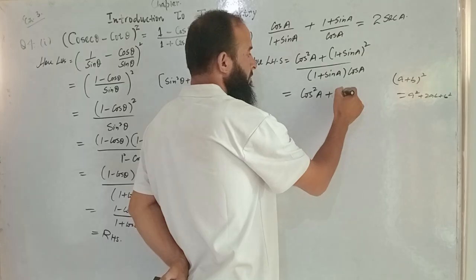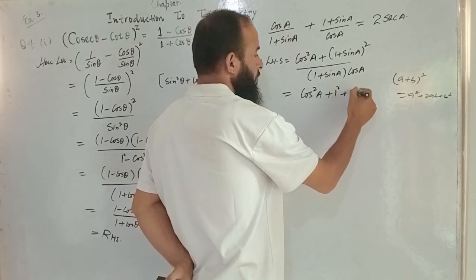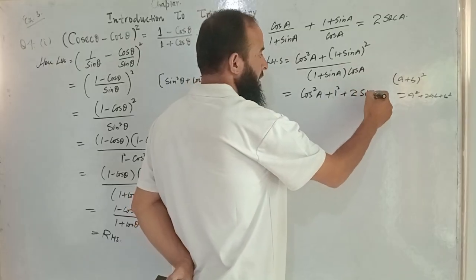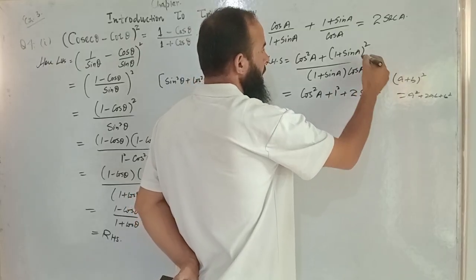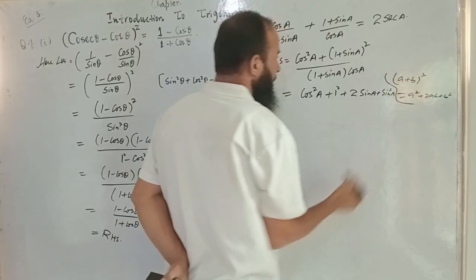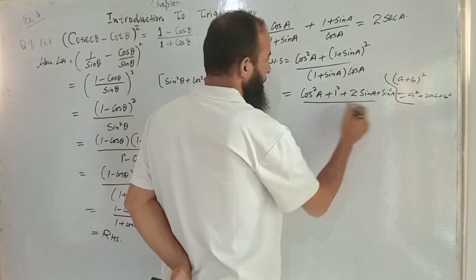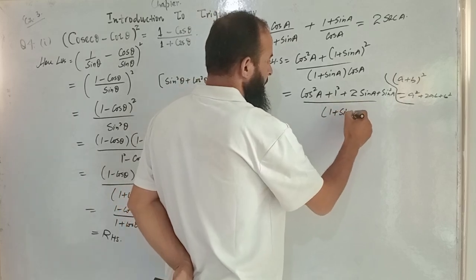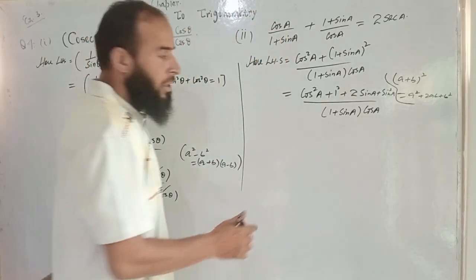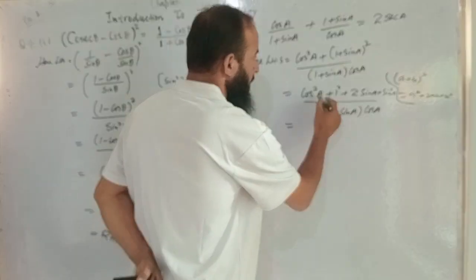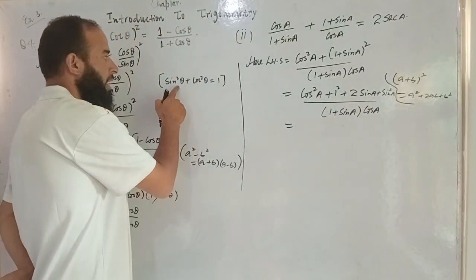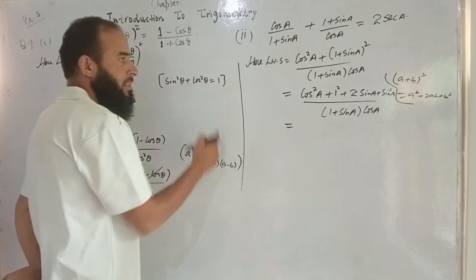This can be written as 1 square plus twice 1 into sin A, that is twice sin A, plus sin square A, upon (1 plus sin of A) into cos of A. We will again use the identity sin square theta plus cos square theta is equal to 1.